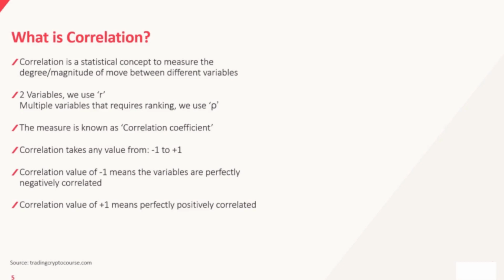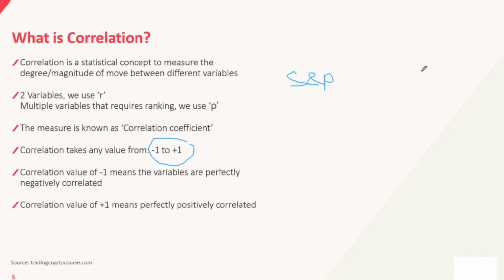For a correlation value of -1, it means the variables are perfectly negatively correlated. An example: let's say we're looking at the S&P 500, the US stock index, and the price of gold. Traditionally they are negatively correlated.